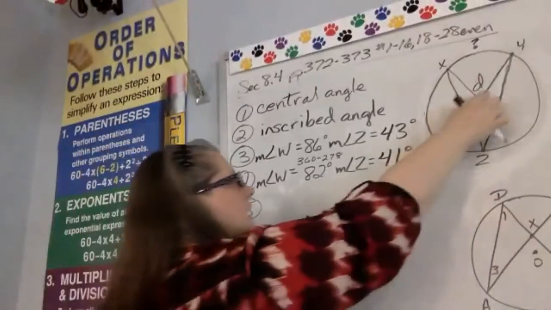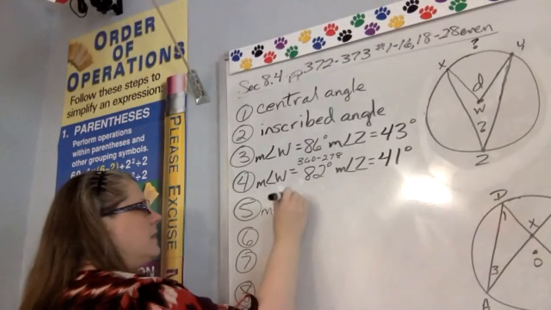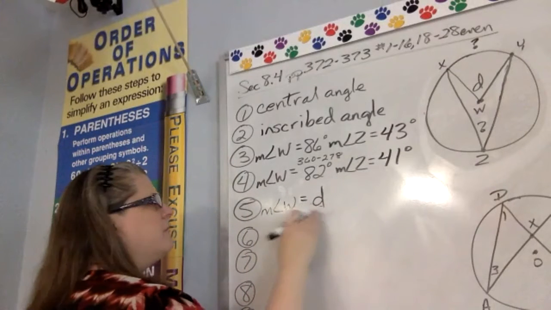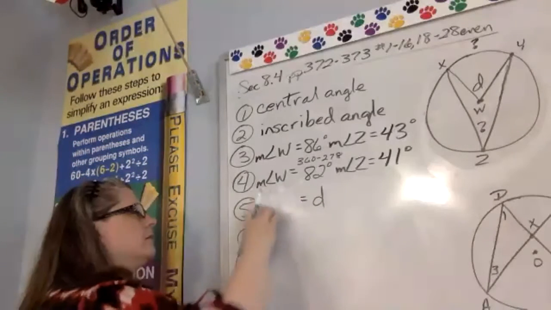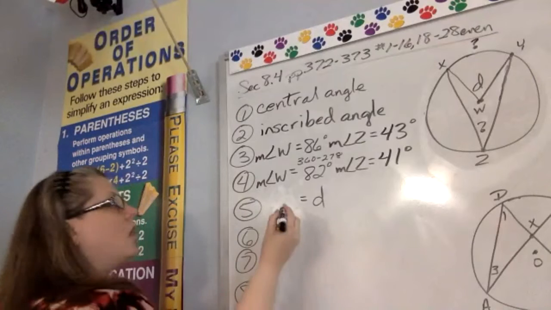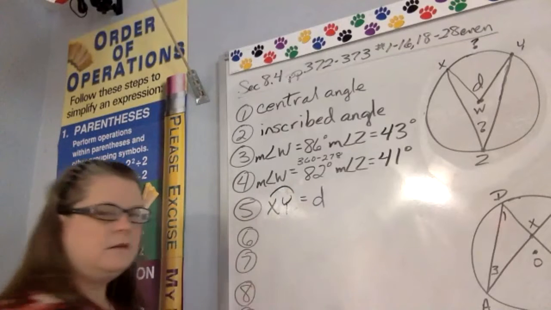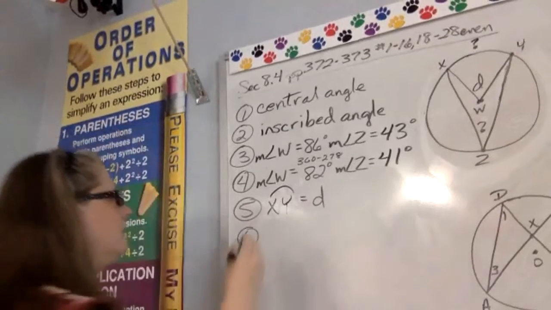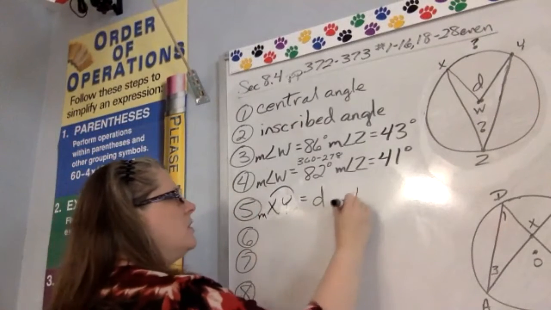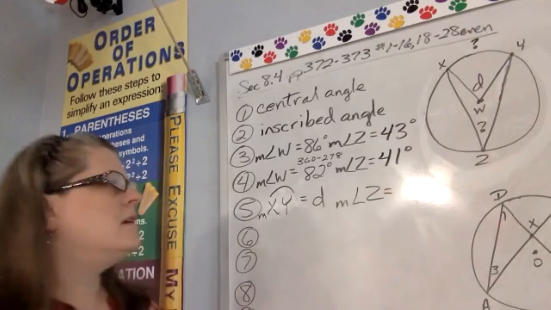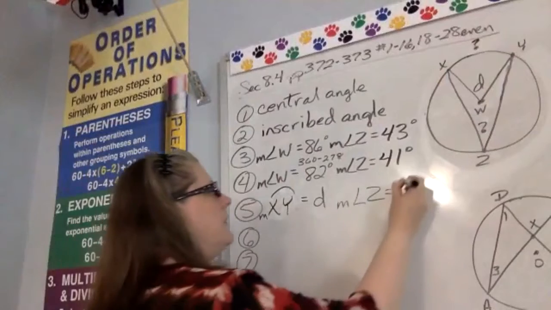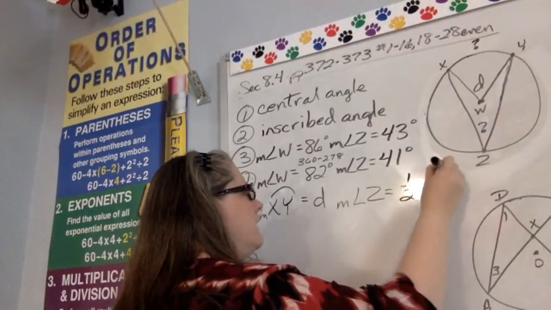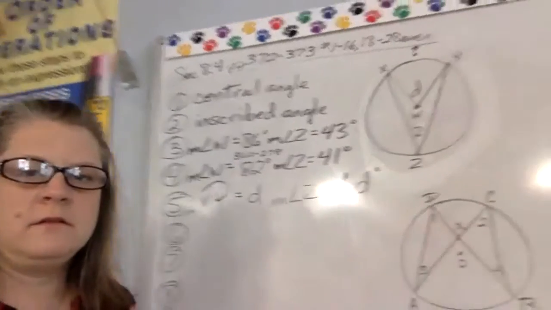So if the measure of angle W is D, then arc XY was also equal to D. Okay, and then for the measure of angle Z, if this is D, remember the inscribed angle is equal to half of its arc, so it would be half of D. That's what you're going to have for that one.